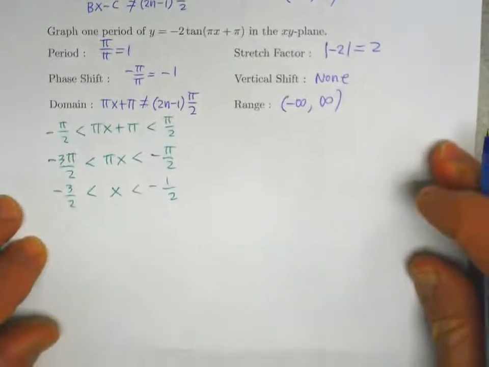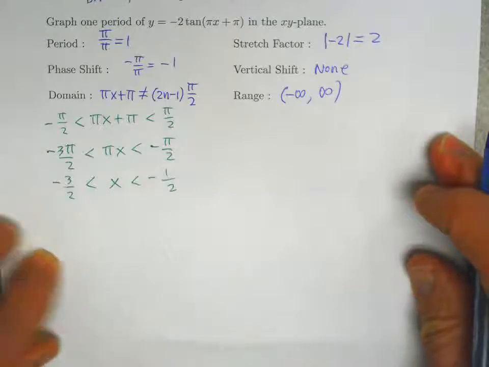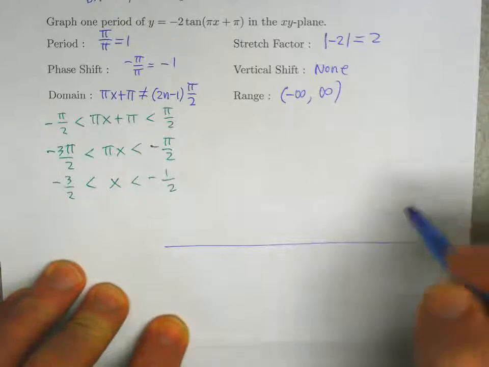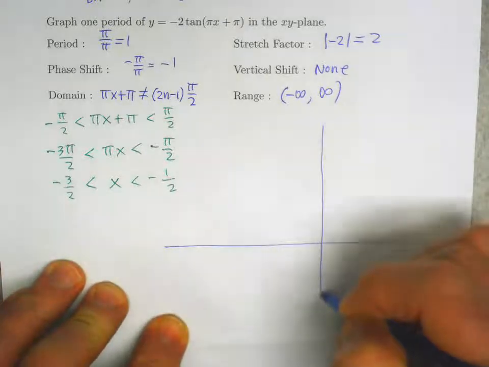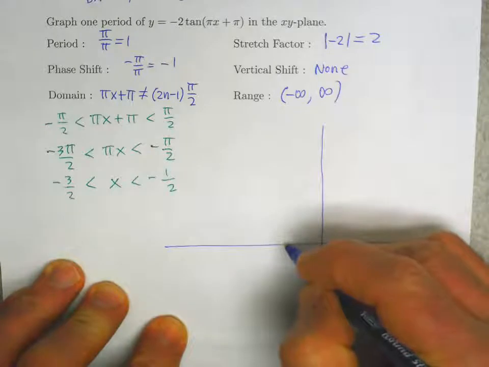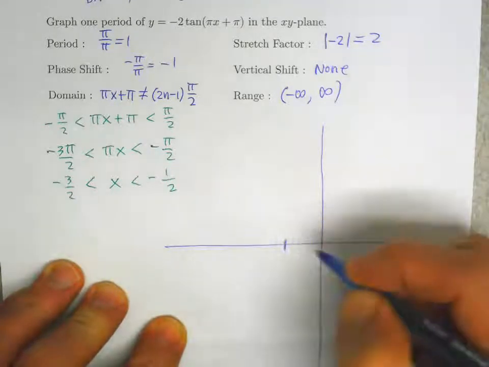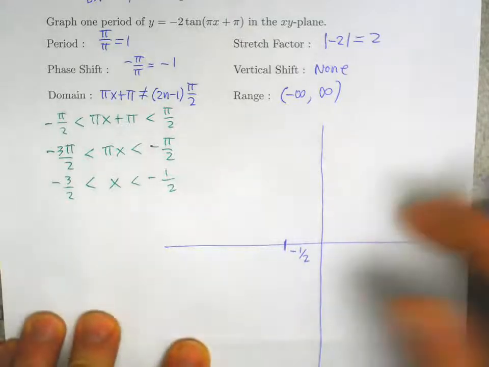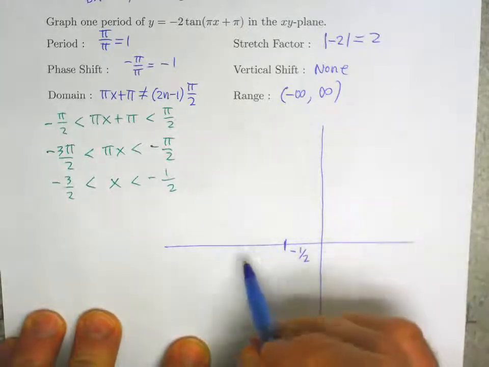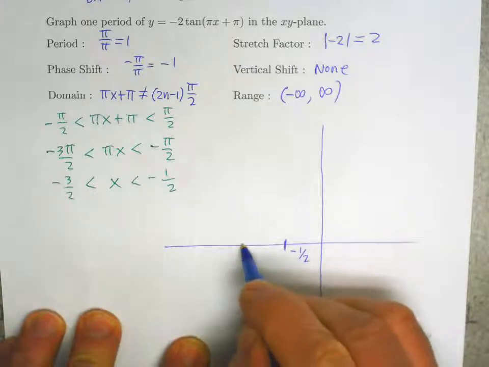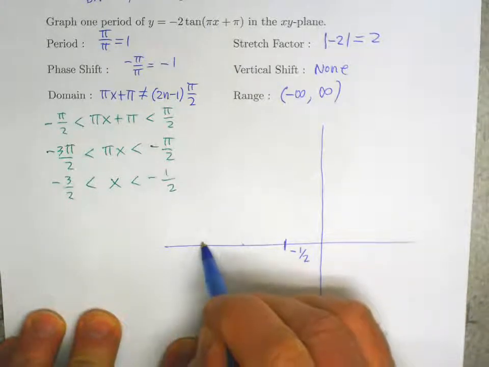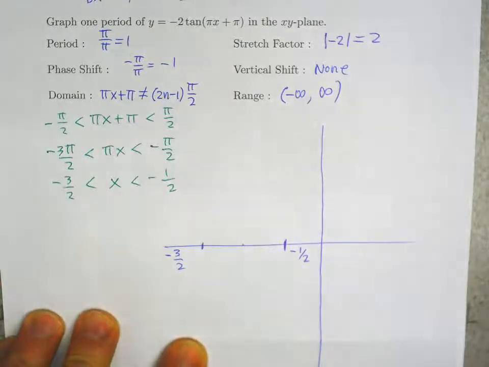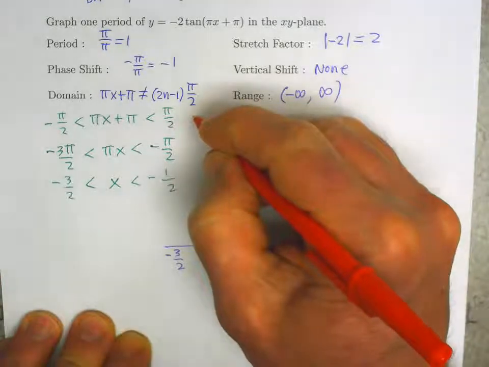So let's go ahead and sketch the graph. So one of our vertical asymptotes is at x equals -1/2. There's -1, and then -3/2. So I'll sketch in the vertical asymptotes.